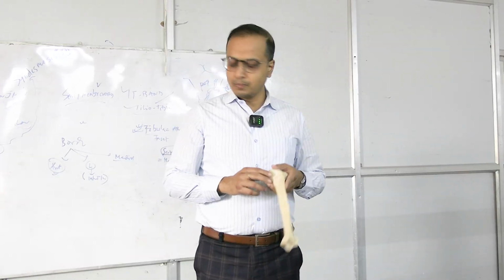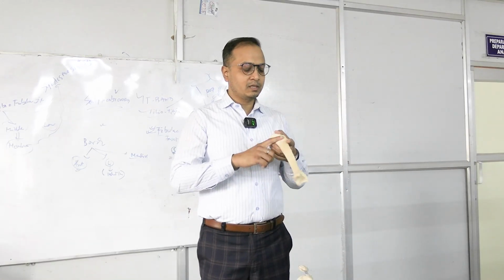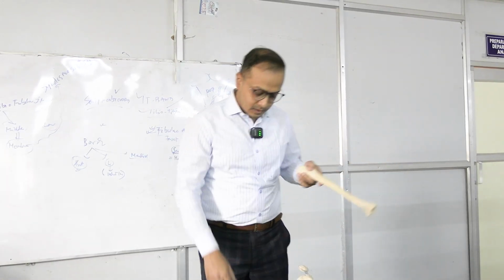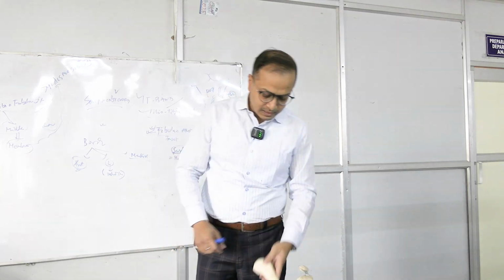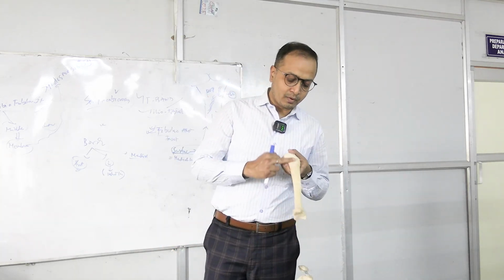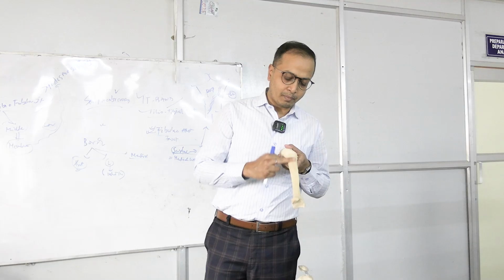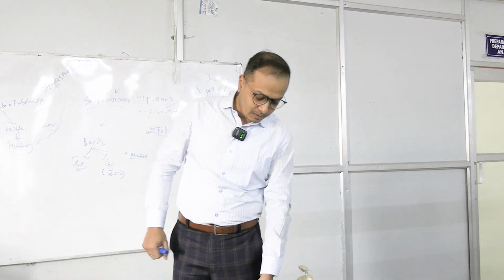Now, coming to the surface features on the medial surface. On the medial surface, we see roughness on the upper third or upper part, and some muscles are attached to it.